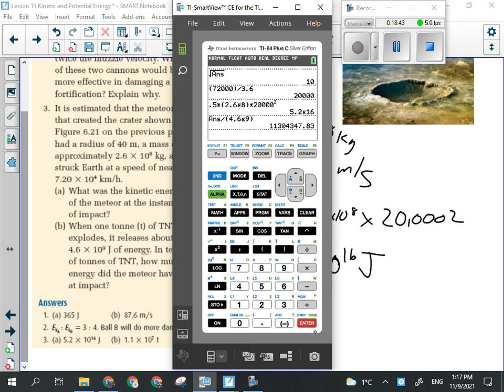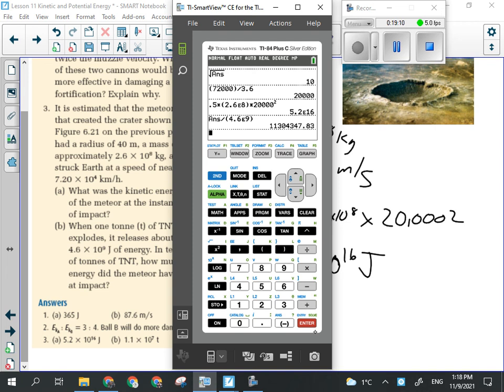Is that a lot? Yeah, it's kind of a lot. We're looking at 11,304,347 tons of TNT. That is 11 megatons of TNT.